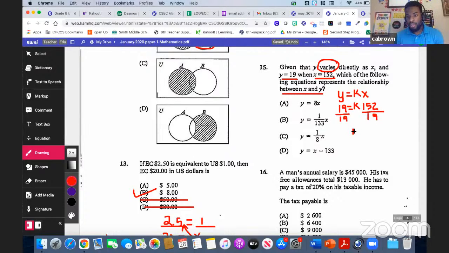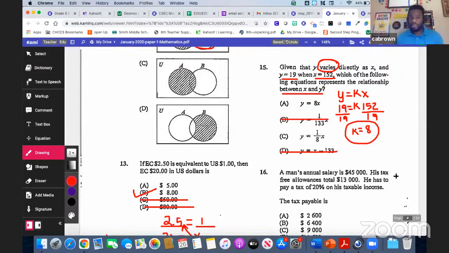So k is equal to, what is 152 divided by 19? So 8. All right, so now we know that k is 8. We can rule out this and this.